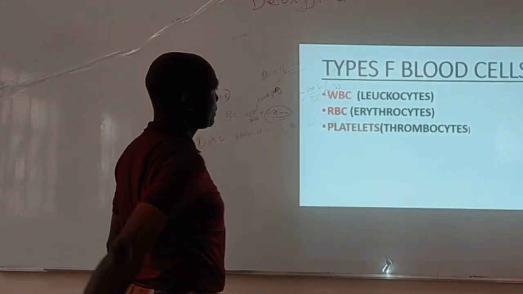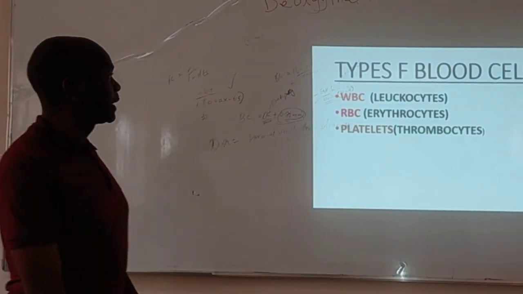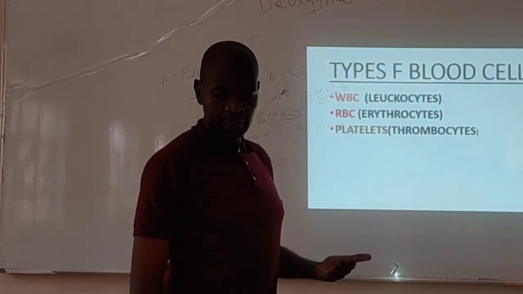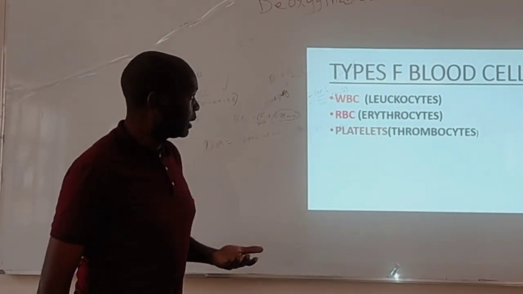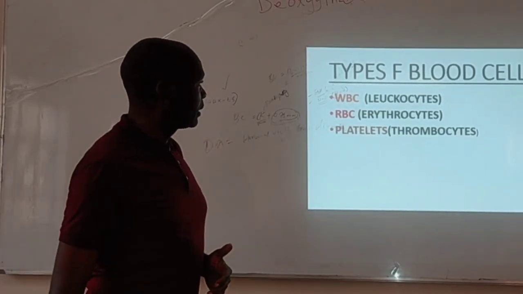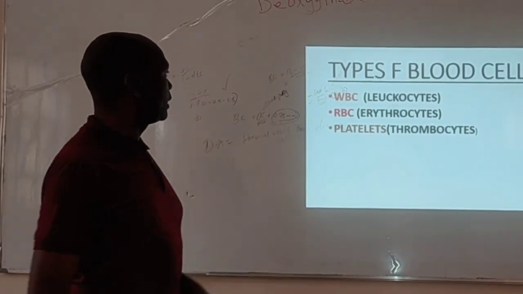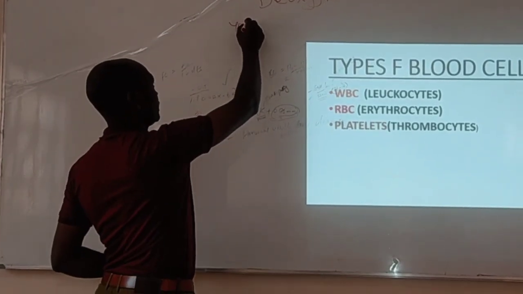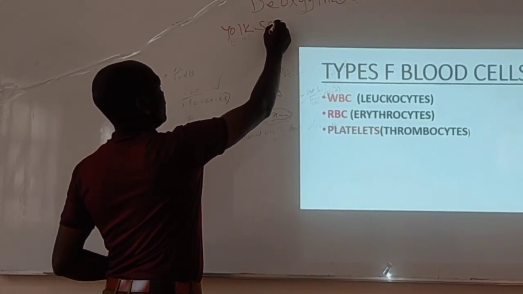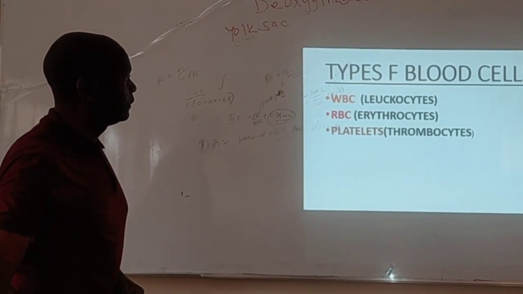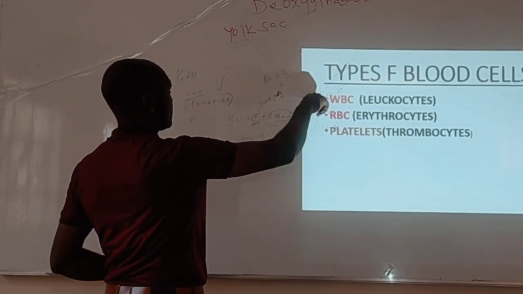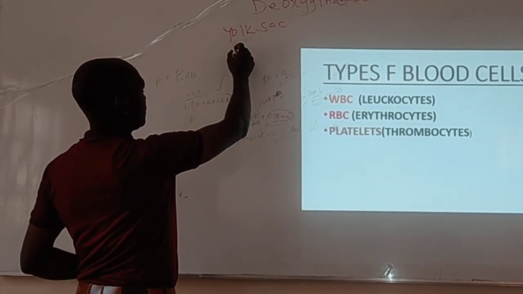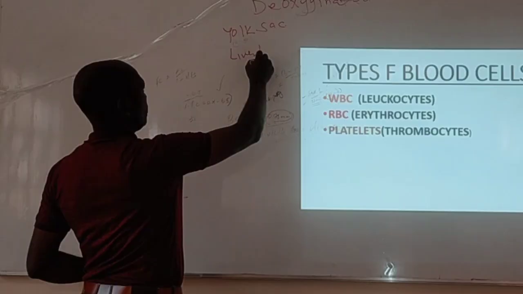So all these blood cells are produced in the bone marrow, that is in adult people. And then in the embryonic life, these cells are produced in the yolk sac. And then in the fetal life, the blood cells are usually produced in the liver or the spleen.